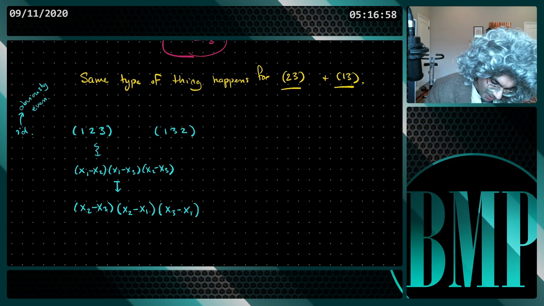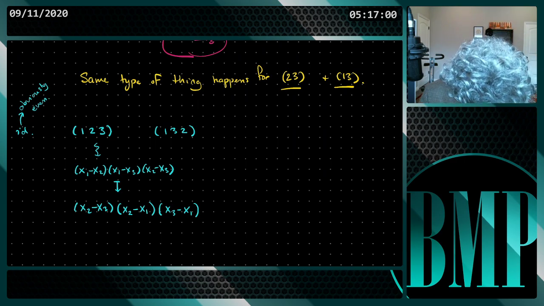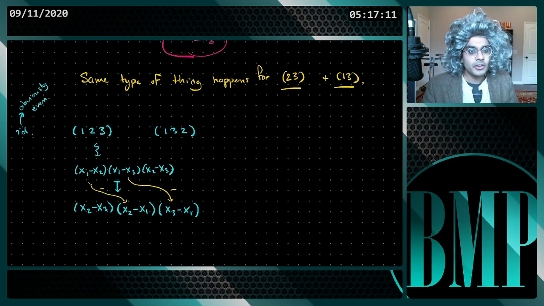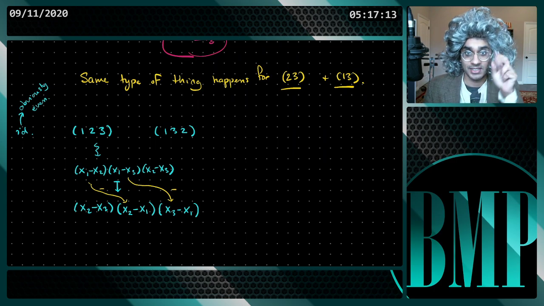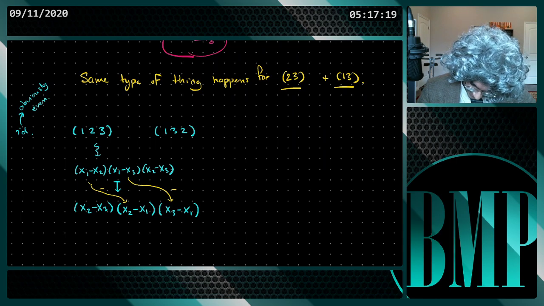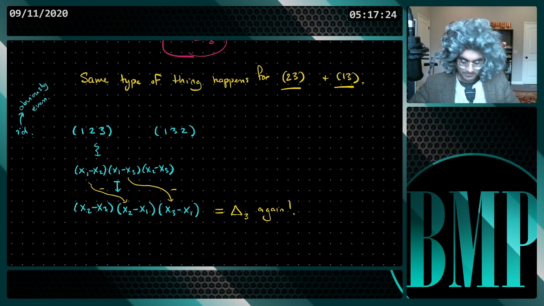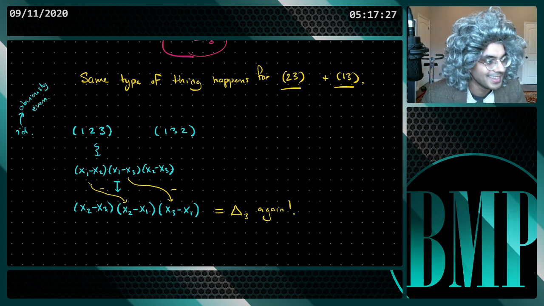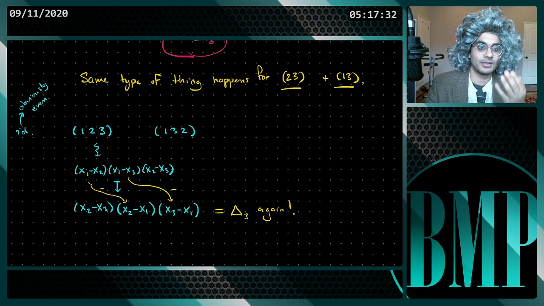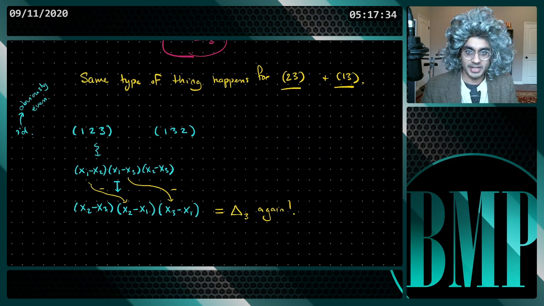We picked up two minus signs. So that's fantastic. This is even. All right, so that's an even permutation. And then (1 3 2) will also be an even permutation.